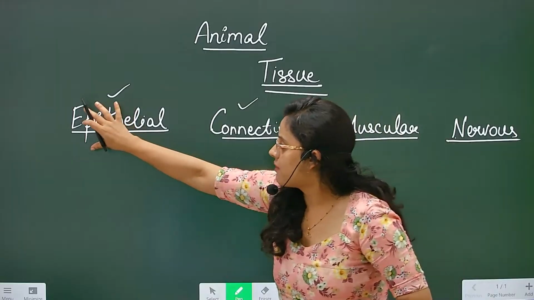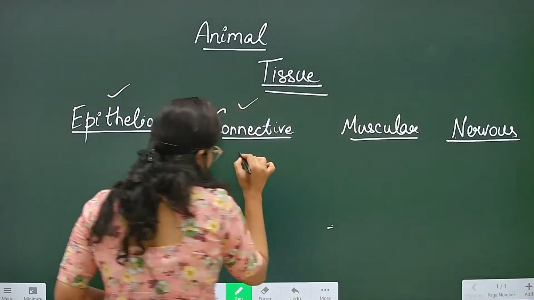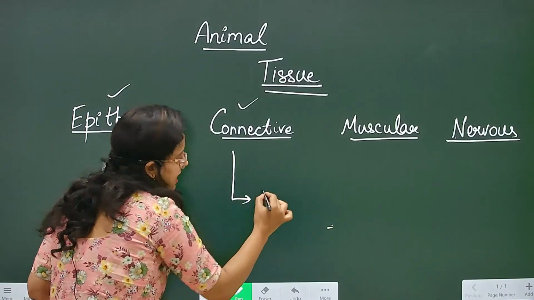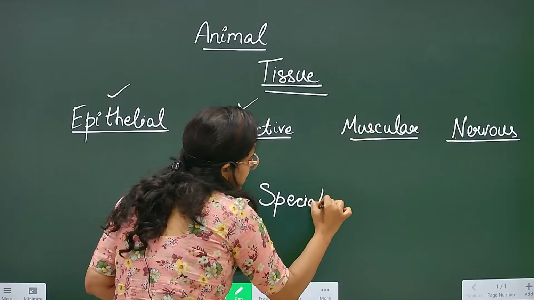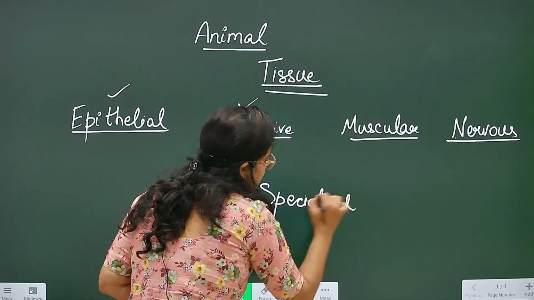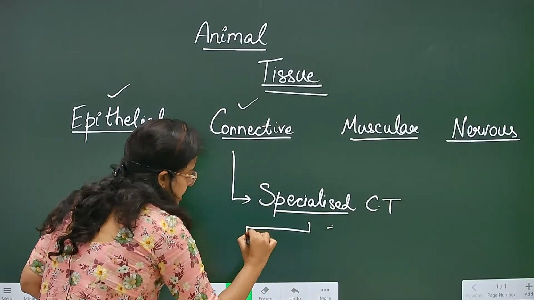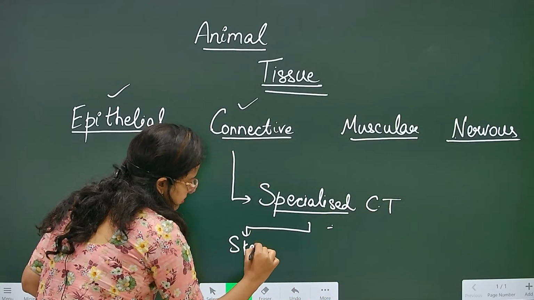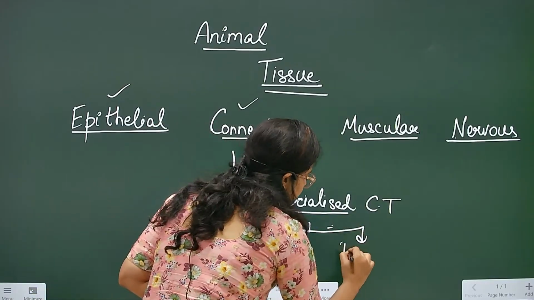Okay, so we have learned about epithelial and connective tissue. Now one more connective tissue that we are going to discuss in this class is specialized connective tissue. Specialized connective tissue consists of two further parts, that is skeletal and blood.